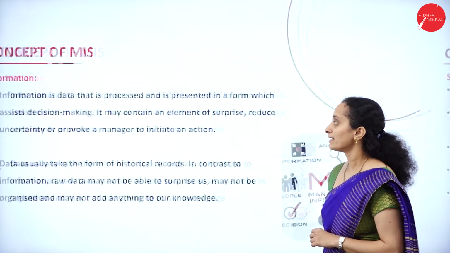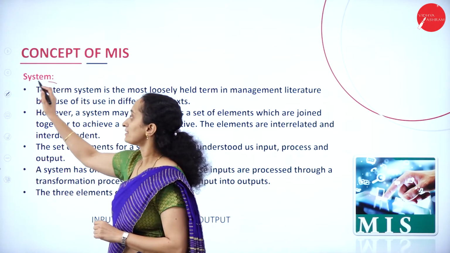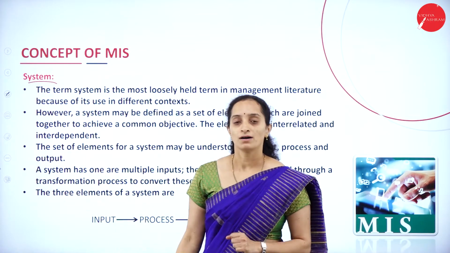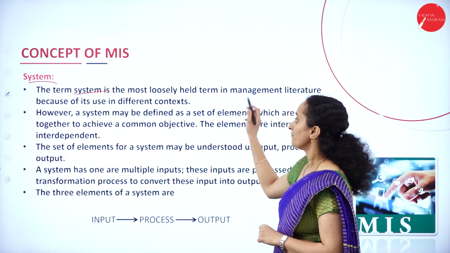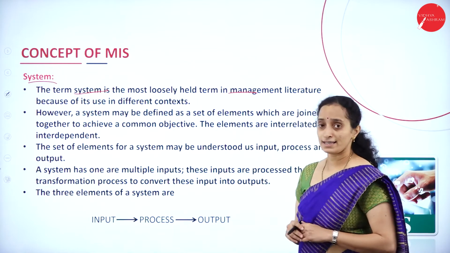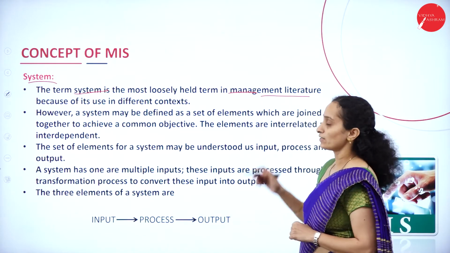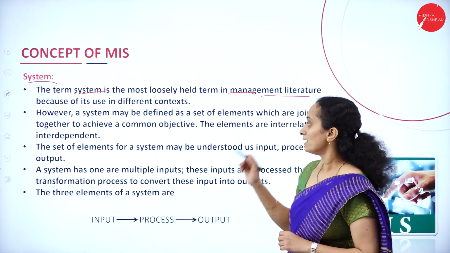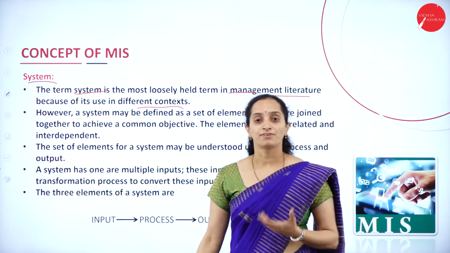All right. The next thing is to know about the system. What does the system do? The term system is the most underestimated or underused word in the management literature because of its use in different contexts.